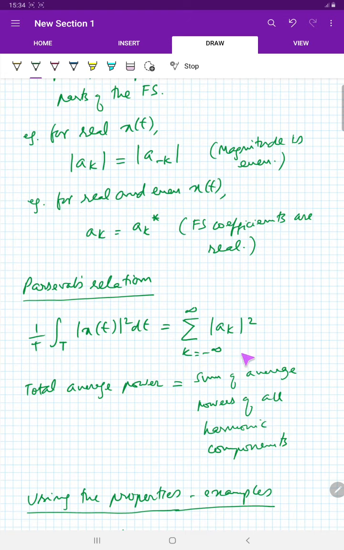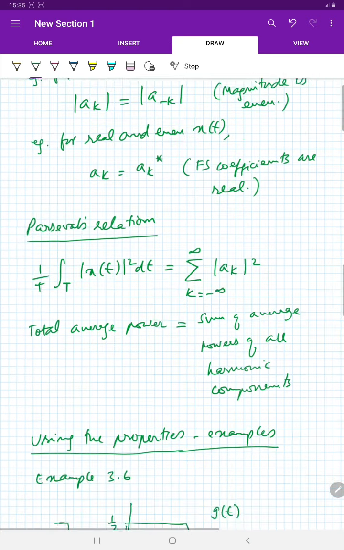This is basically nothing but conservation of energy. Whether you represent a signal in the time domain with the time values x(t), or in the frequency domain with the frequency samples represented by the Fourier series coefficients, the total energy remains the same, no matter which domain you are using.